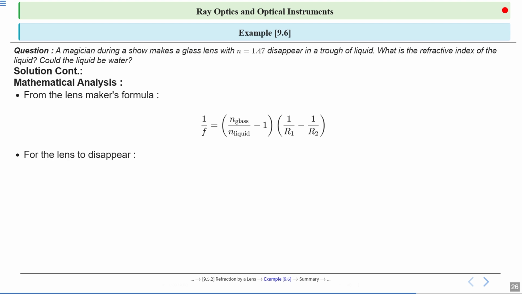So for the lens to disappear, the refractive index of the liquid equals the refractive index of glass, which is 1.47. That means the ratio will be equal to 1, so 1 minus 1 will be equal to 0, and on the right hand side the whole term becomes 0.